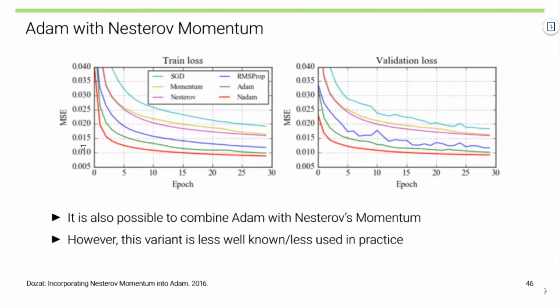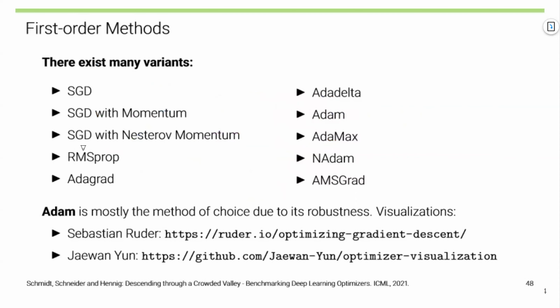And you can also combine Adam with Nesterov momentum. That's also possible, but this is less common in practice. And there exist many variants like SGD with momentum, Nesterov momentum, RMSprop, AdaGrad. And there are other operations we didn't see, but they are also there.